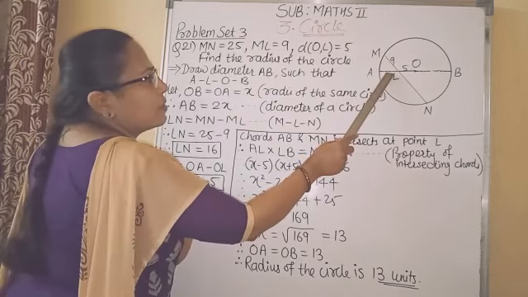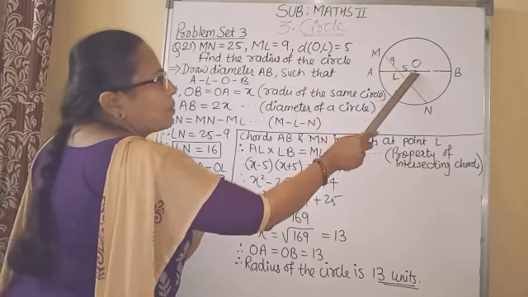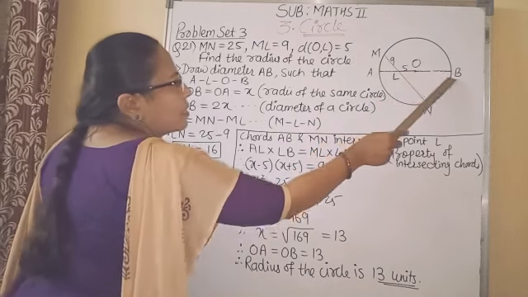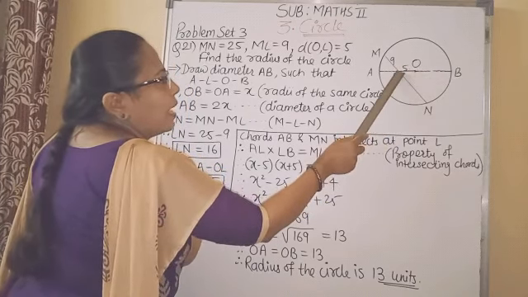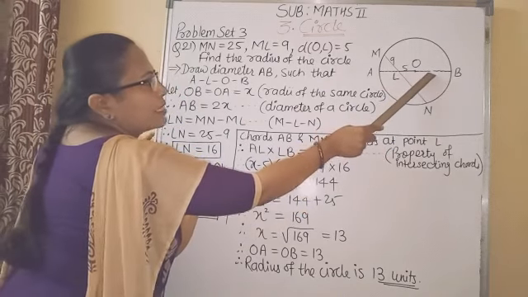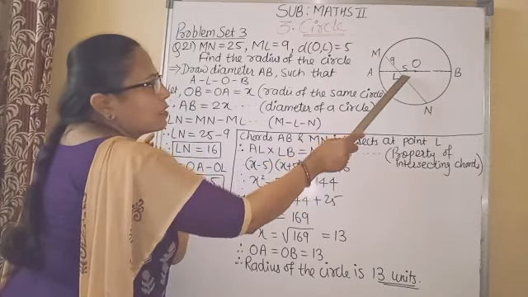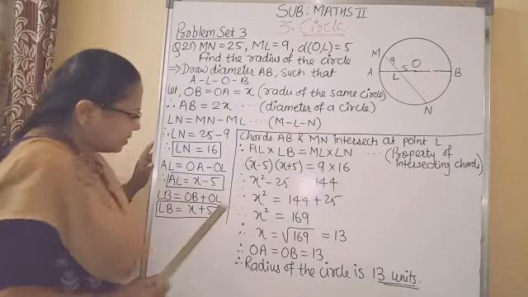Now we will find out LB. LB is equal to OL plus OB, and OB is the radius which is X. OL is 5, so LB is equal to X plus 5.